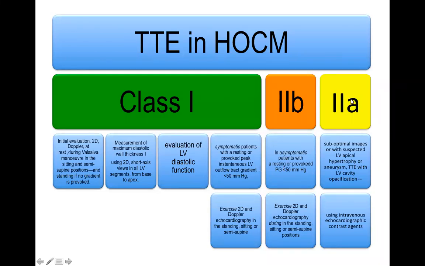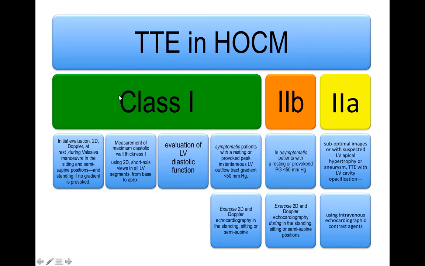Class 2A, in case of suboptimal imaging, or in case of LV hypertrophy or apical aneurysm, we'll do the contrast echo, and this is class 2A.